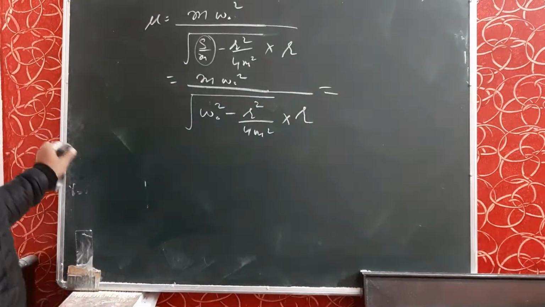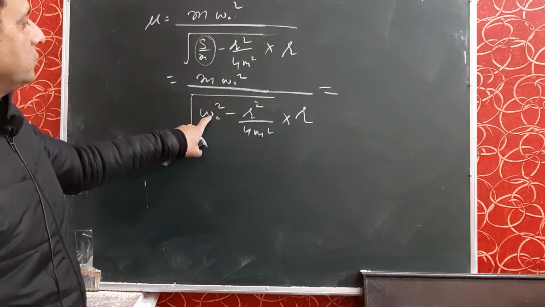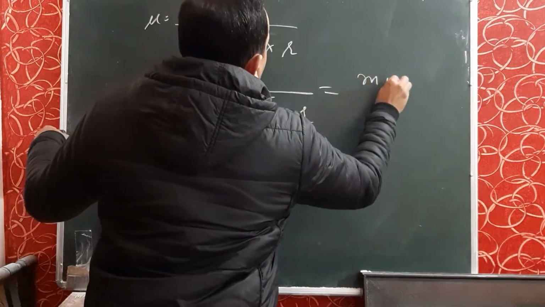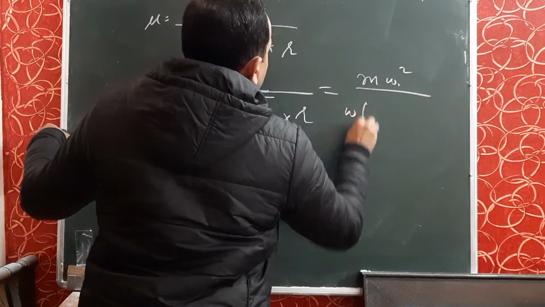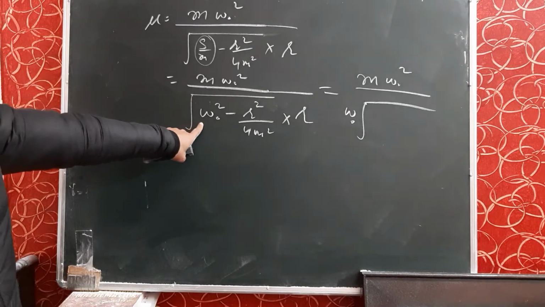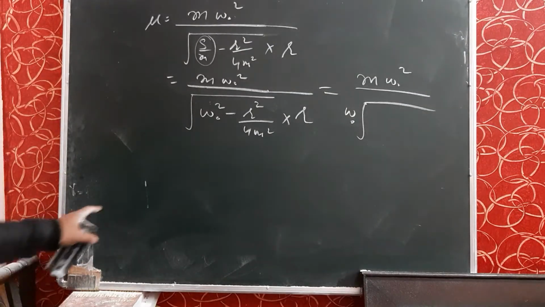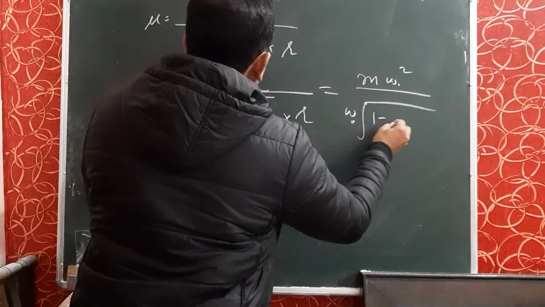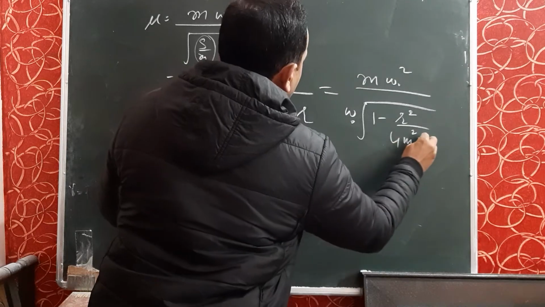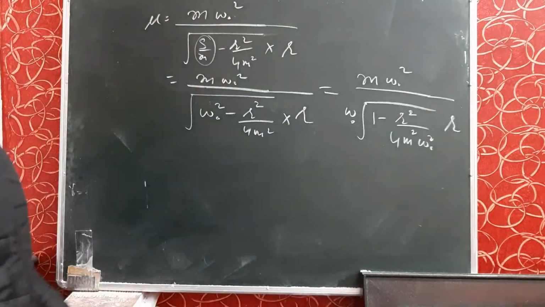Now we will take omega naught square common. When we take it out of the root, it becomes omega naught, so here it is 1 minus r square over 4m square omega naught square, into r.